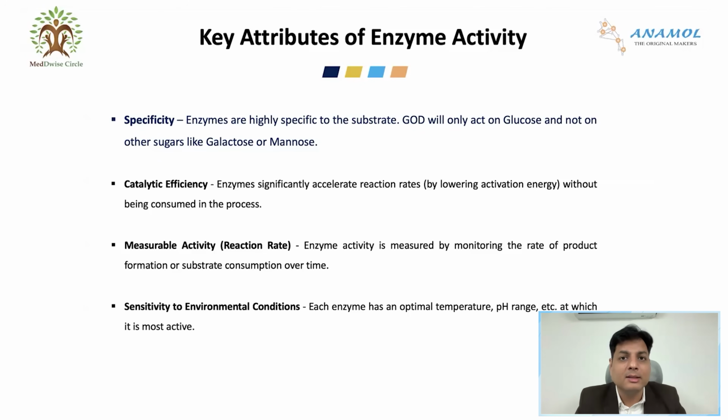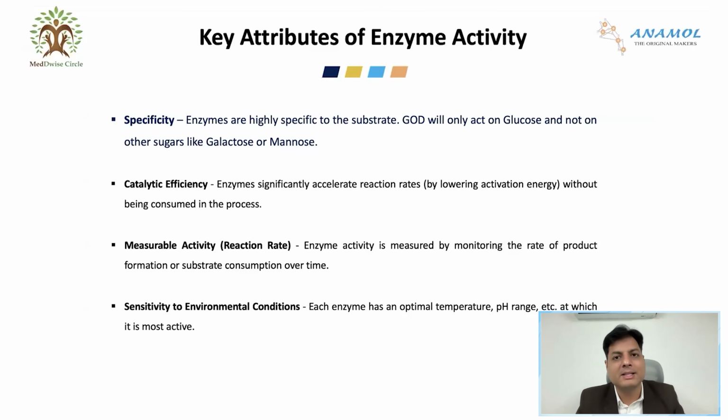We also see that the reaction happens because there is a minimum amount of energy required for the reaction to happen, which is called activation energy. Enzyme simply reduces the activation energy. That means even if the system has low energy, still the reaction can be initiated.